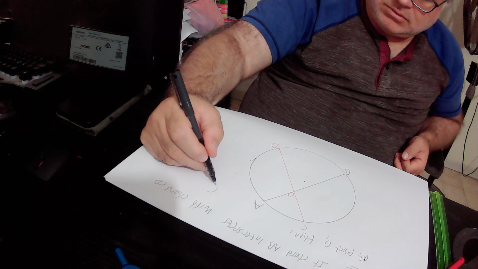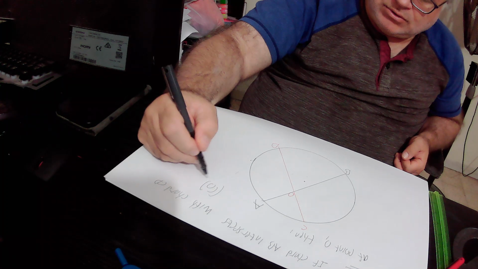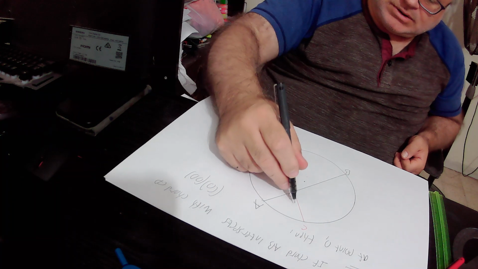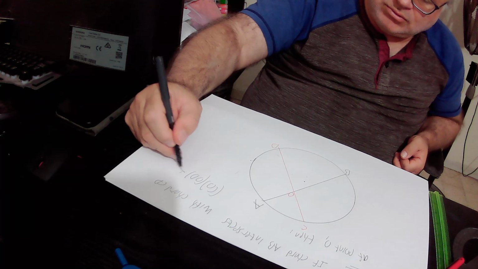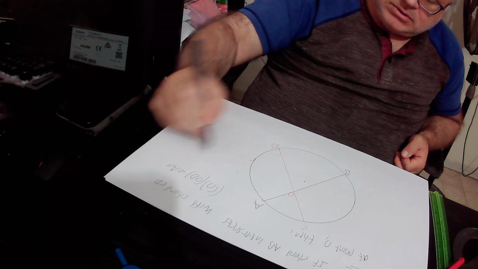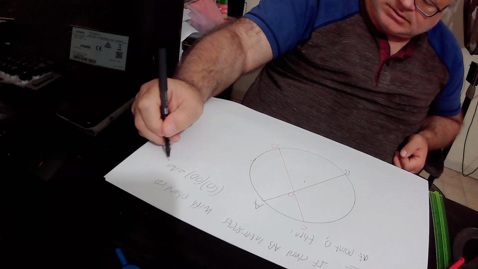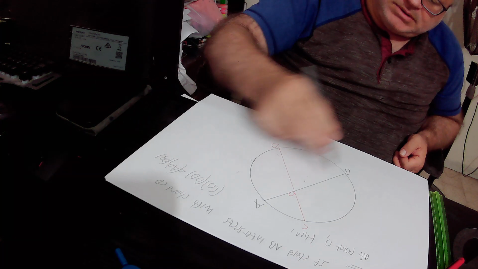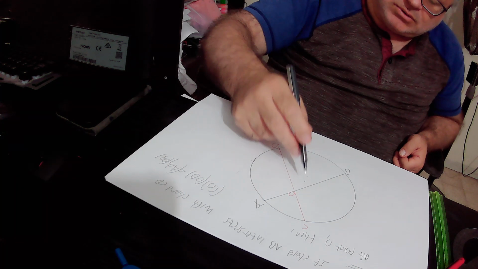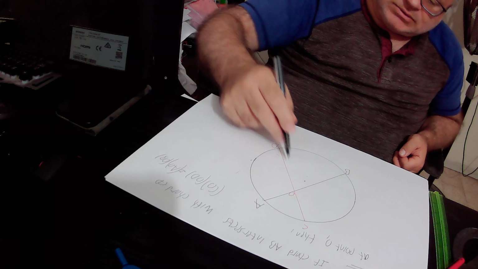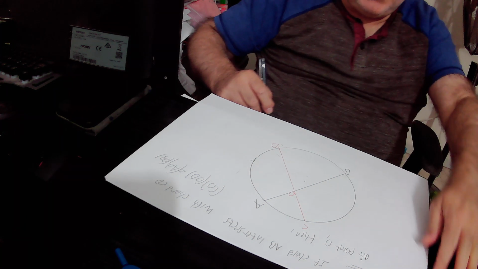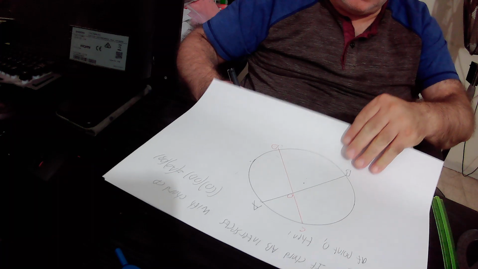CO times OD equals AO times OB. Okay, repeat again. If chord AB intersects with chord CD at point O, then CO times OD equals AO times OB. We can actually implement rule number 2 in our drawing.